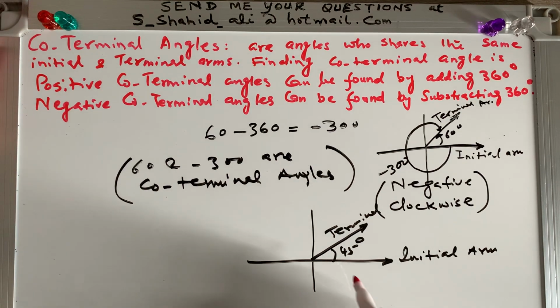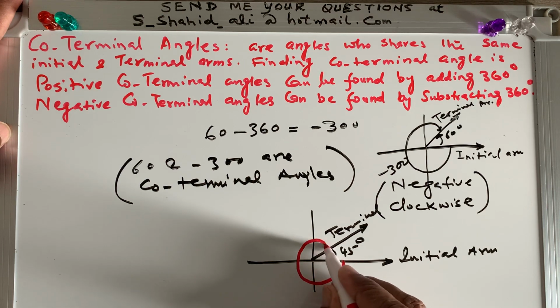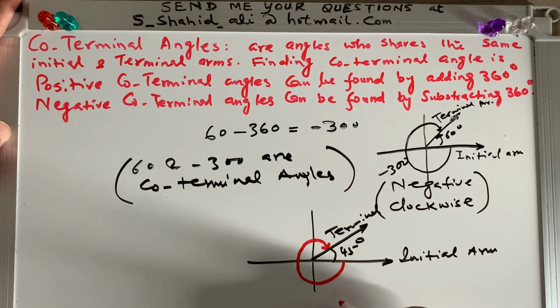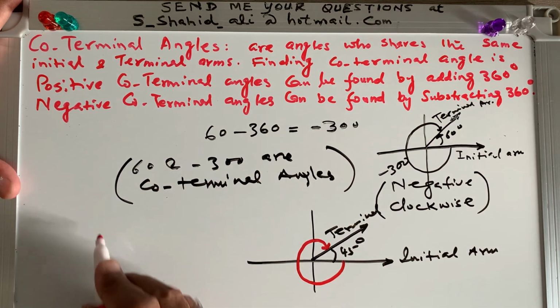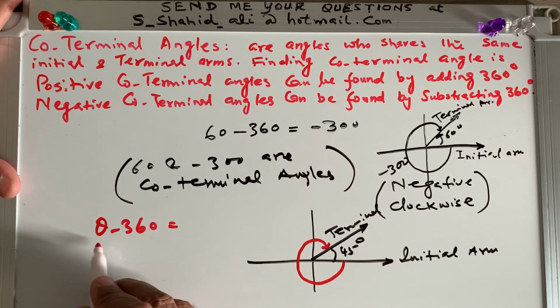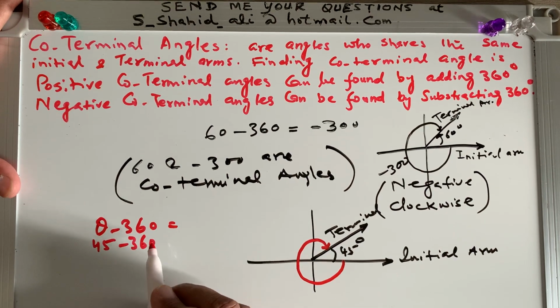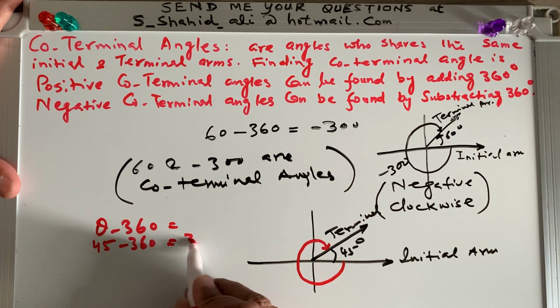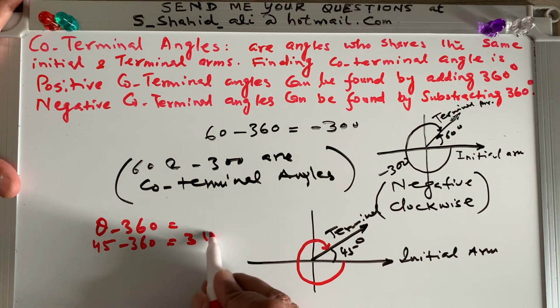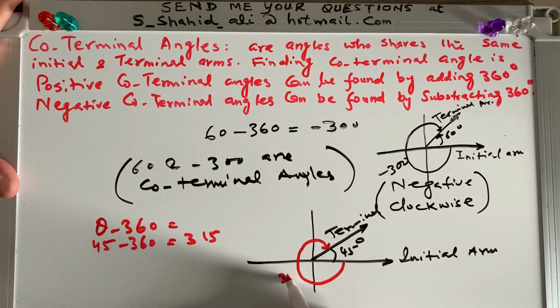If I have to make the same negative angle, I will move like this, and I have another angle, which is of course theta minus 360, right? And theta is 45. So 45 minus 360 is equal to 315. This one is 315.